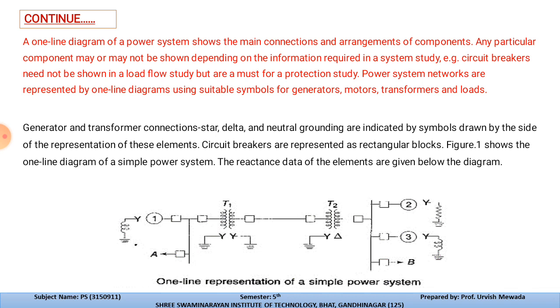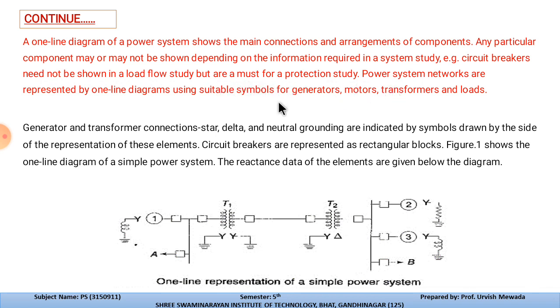Any particular component may or may not be shown depending on the information required in the system study. For example, circuit breakers need not be shown in a load flow study, but they are a must for a protection study.